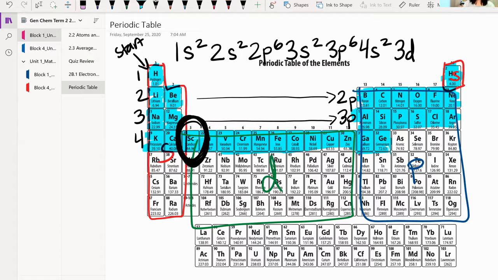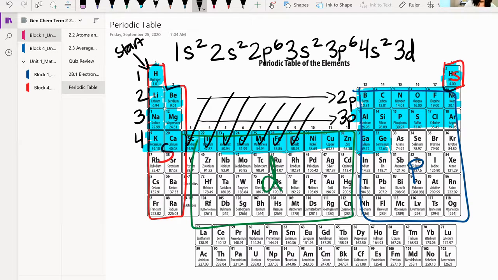And now count with me. How many boxes are in that 3D section of the periodic table? You're going to have to look at a real periodic table, or you can look at the one here on my screen. We're going to count 1, 2, 3, 4, 5, 6, 7, 8, 9, 10.